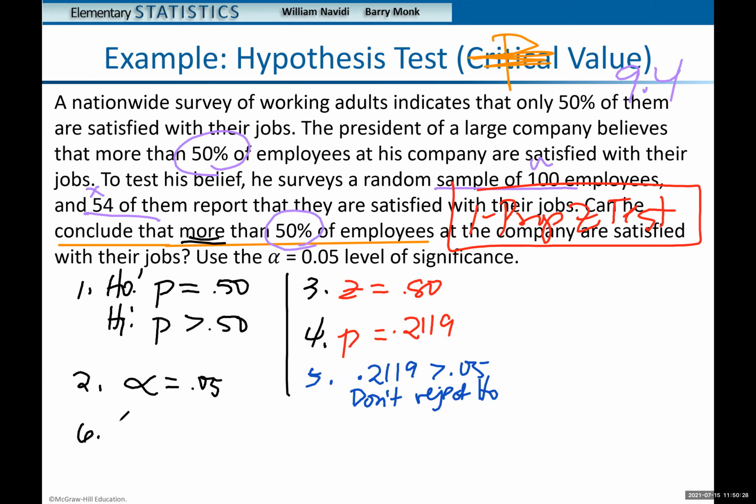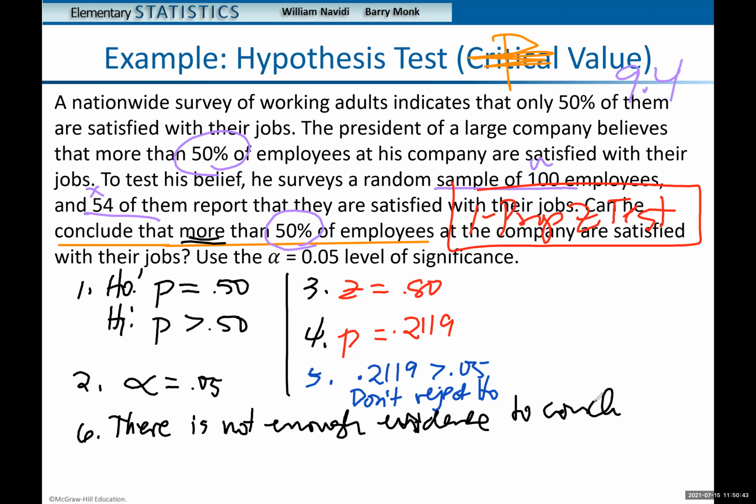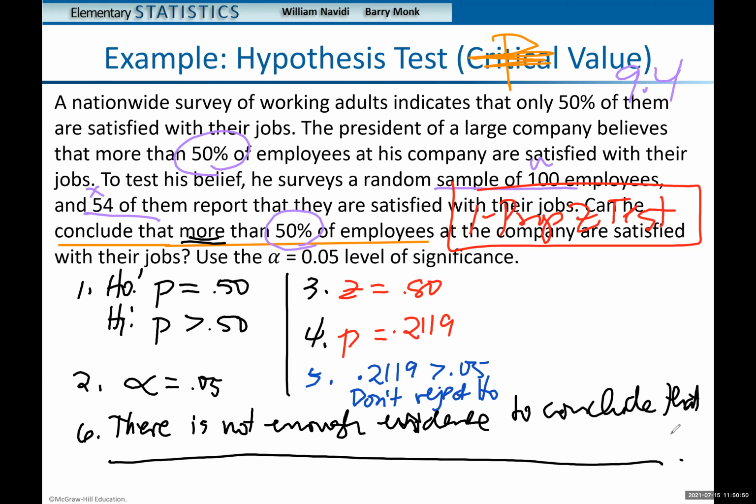You said there is not enough evidence to conclude that more than 50% of employees at his company are satisfied with their jobs.